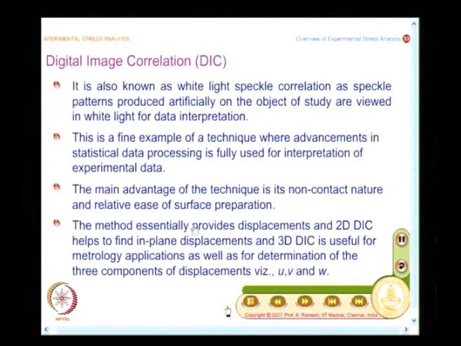And here again, you do not need a complicated surface preparation, but I should caution the speckle formation is not simple. You have to have randomness, you have to have particular characteristics and formation of speckles, again you have to develop skill.